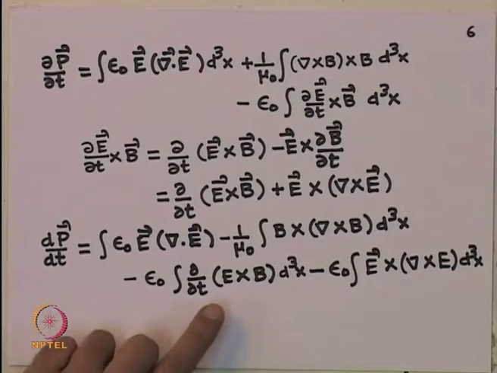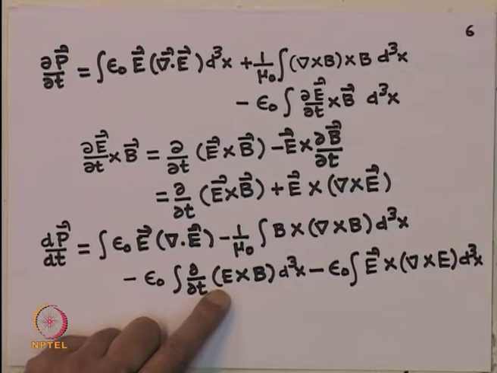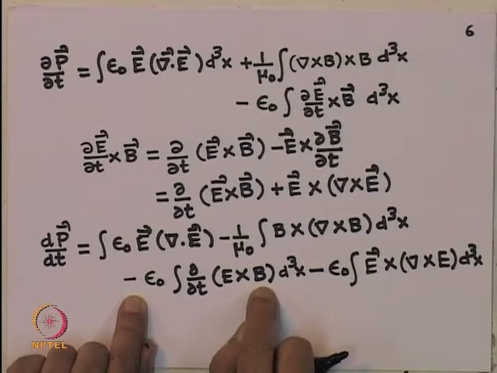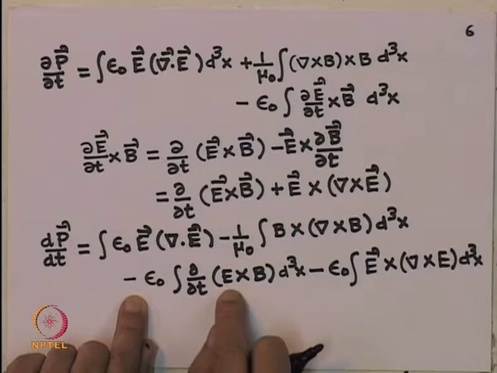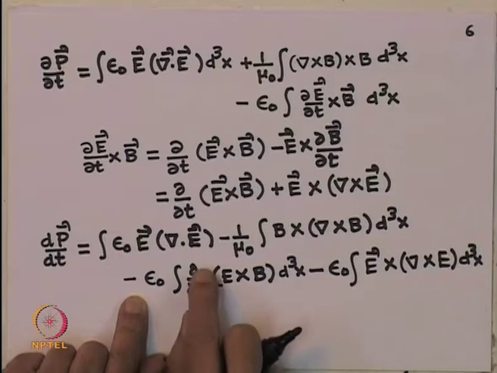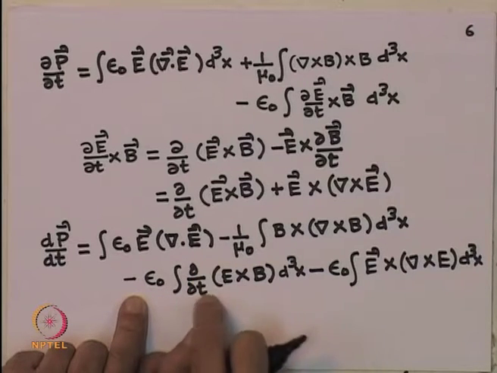Okay. This term that we have got, epsilon 0 d by dt of E cross B, you recognize what this term is. I had defined E cross H as S. So, that was my Poynting vector. So, this is nothing but the rate of change of the Poynting vector.